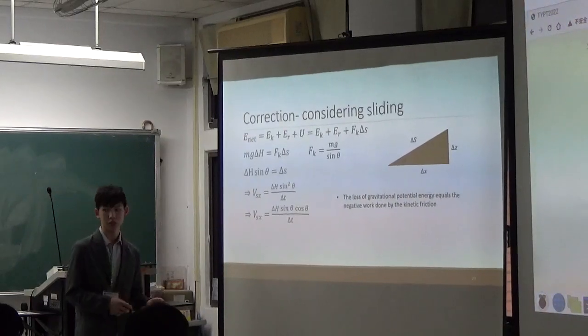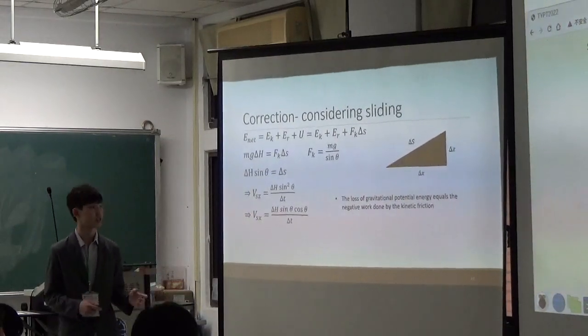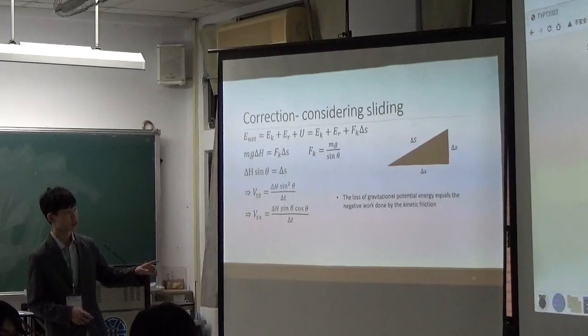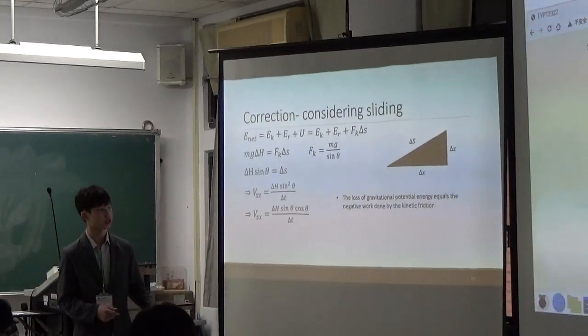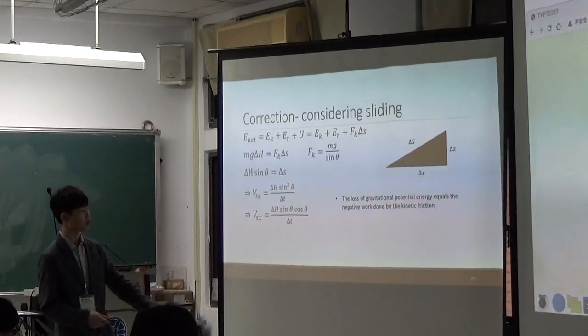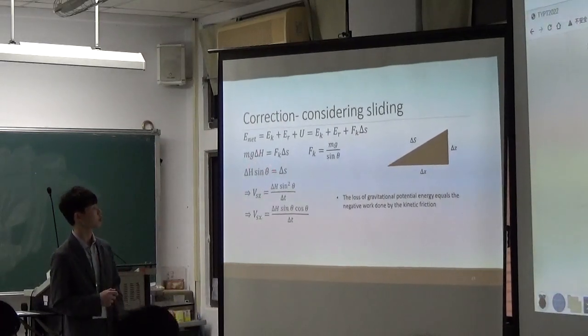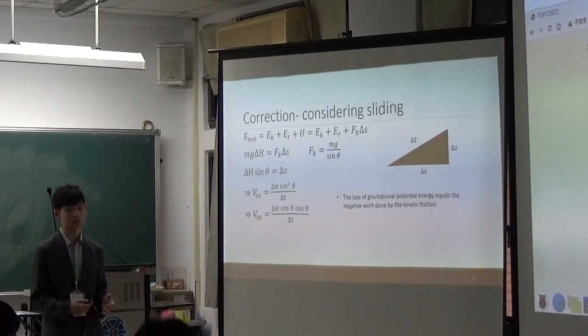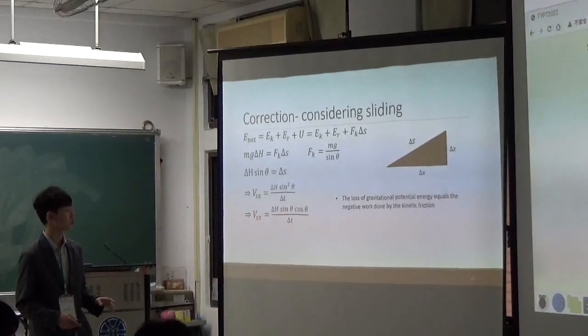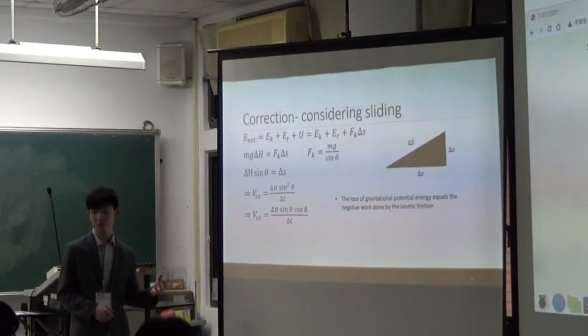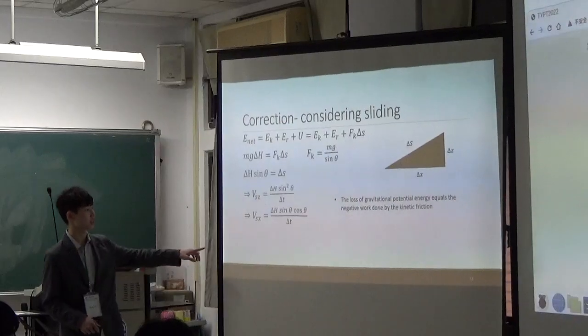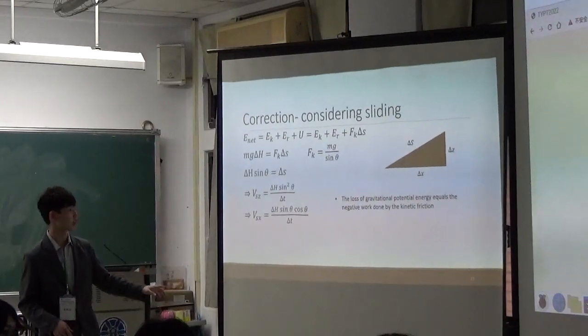We know that when the ring reaches its terminal velocity, the loss of the gravity potential energy will equal the negative work done by the kinetic friction, which we show here. And by doing a little more calculation, we can get the sliding velocity on the z-axis and the sliding velocity on the x-axis.